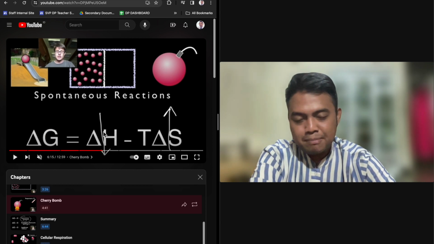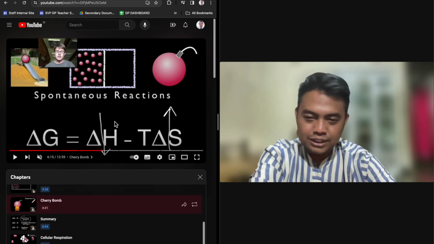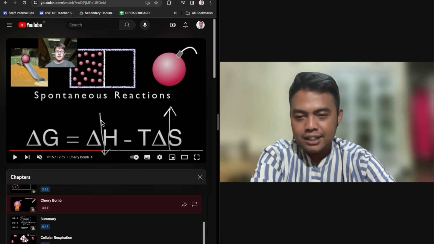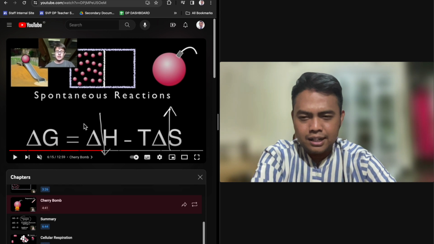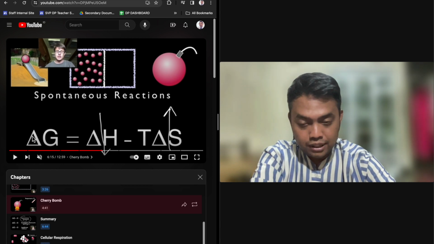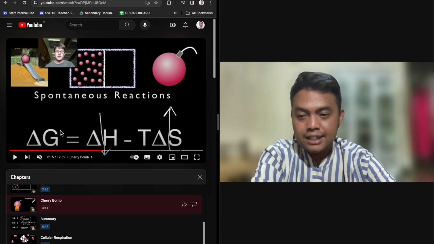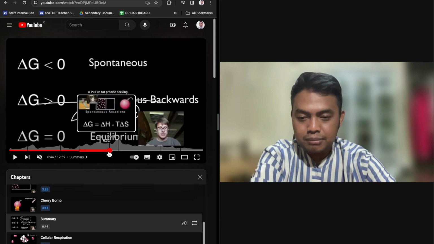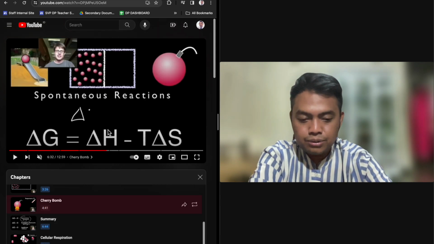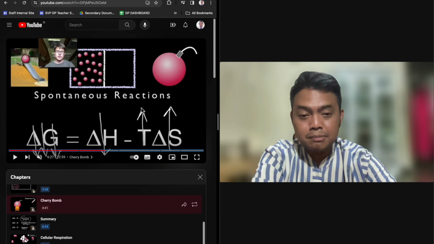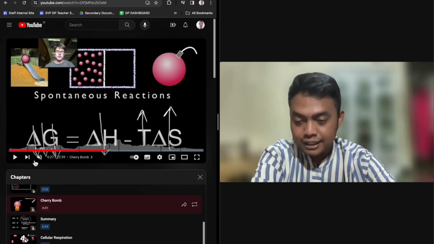Because imagine this is 5 and then this is 3. 5 minus 3 compared to, let's say, 4 minus 3, obviously the result in here will be lower. It's simple algebra. If you lower this delta H, the delta G will also be lower. If you increase this value, the delta S, the delta G also will be lower, and the temperature also the same. If you increase the temperature, the delta G also will be negative.